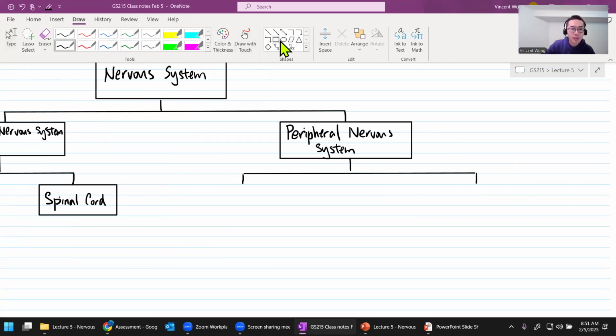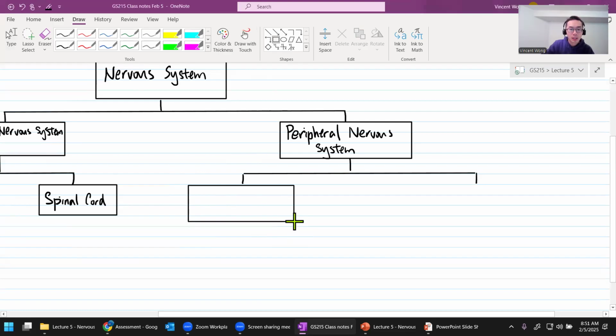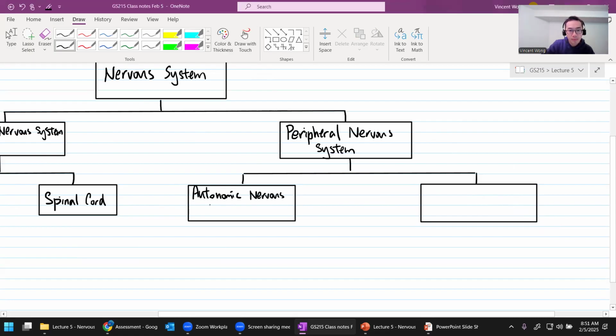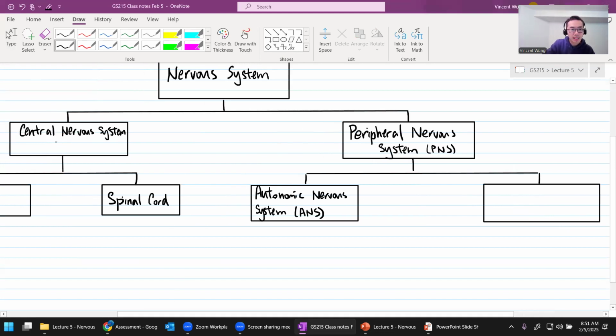And the two branches are the autonomic nervous system. I should probably put the short forms here as well, PNS and CNS. So this is the autonomic nervous system, which is used for involuntary stuff.